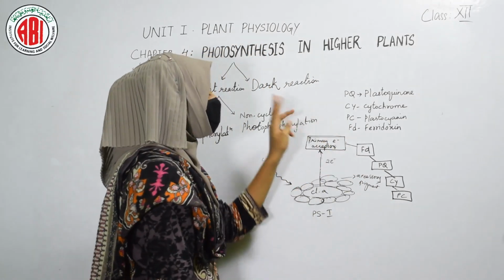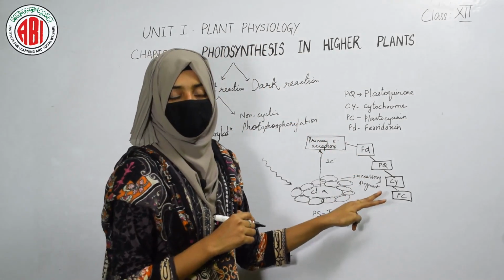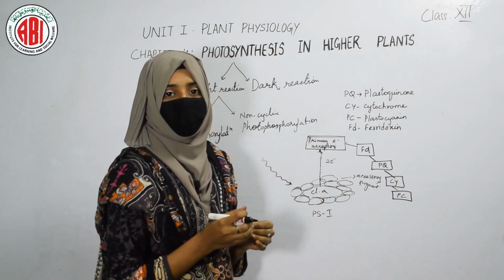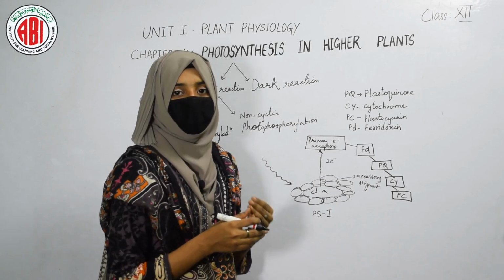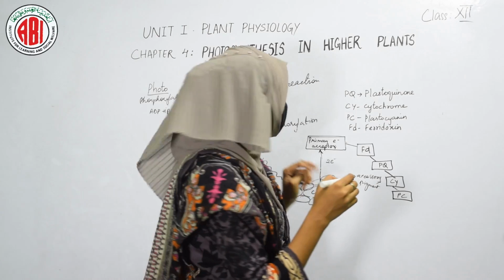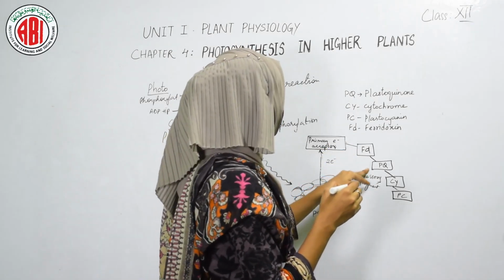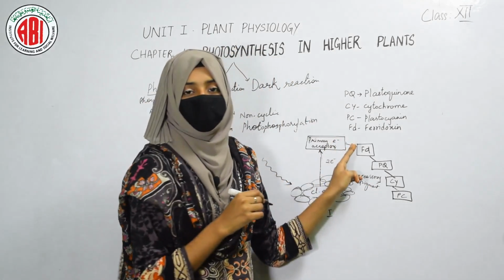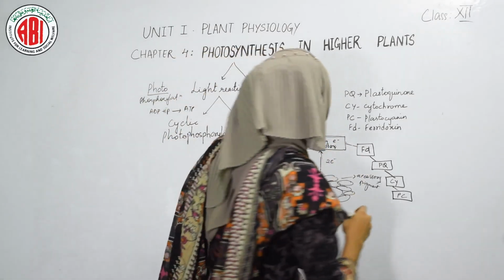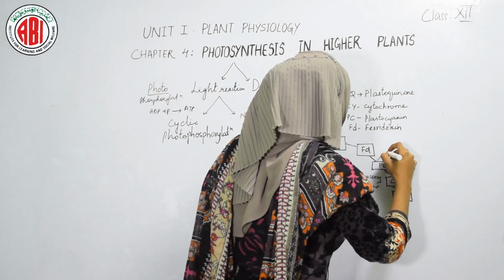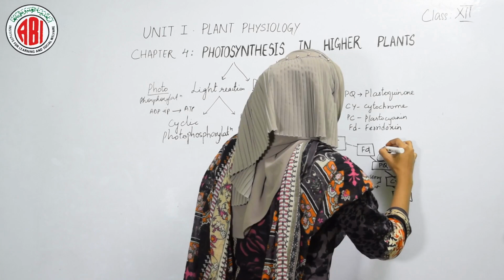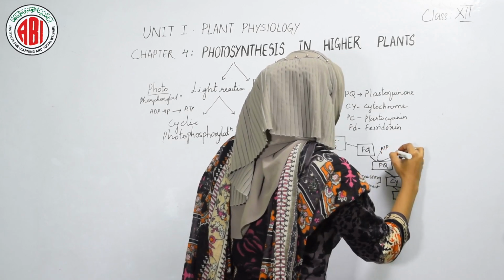So at 2 steps the energy is released, and that energy is used to synthesize the molecule called ATP. The first point at which the energy is released is between ferredoxin and plastoquinone. When the electrons pass from ferredoxin to plastoquinone, an extra amount of energy is released, and this energy is used to synthesize ATP.